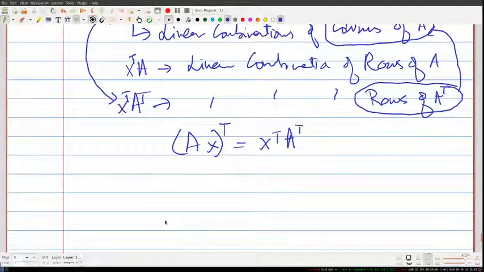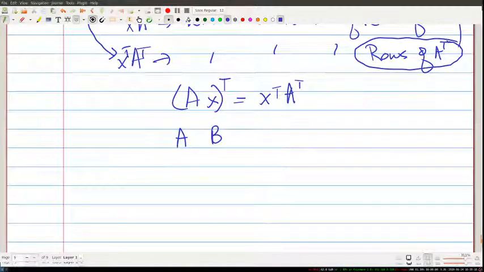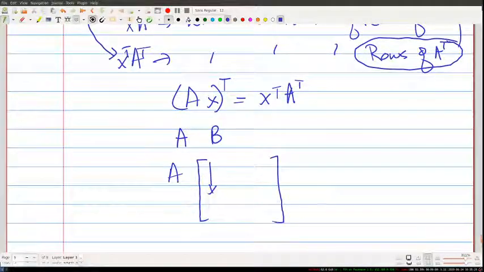And now here's the idea: if you view AB, let's say this is my matrix A, and I write B as some column vectors, so this is column 1, column 2, and column n.